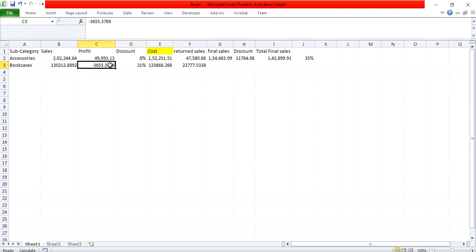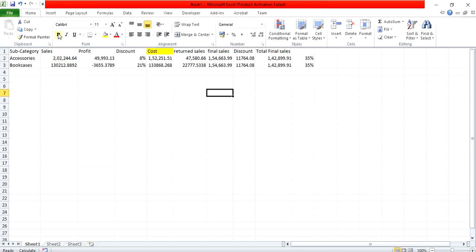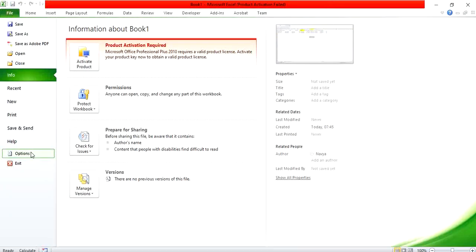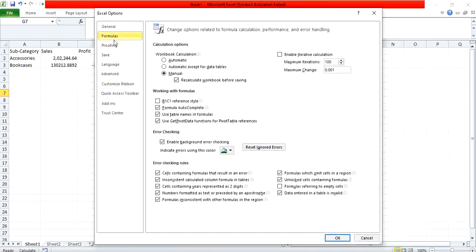Okay, so this is my return for bookcases. I can see we have the losses. Here I'll just drag this and drop this, and do one thing, Alt F9. If I can hit that, I don't know how it works on this computer, but then I can go to options, formula, automatic.